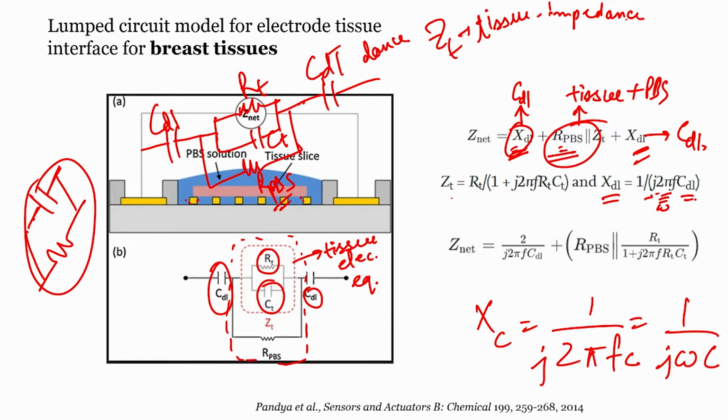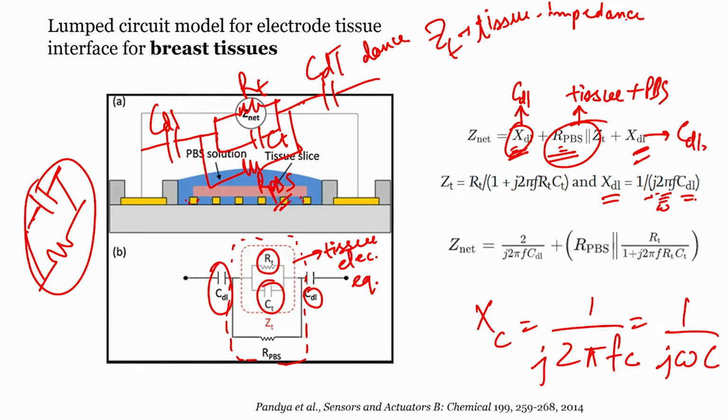Now ZT. ZT is the overall impedance of the tissue by itself. It is not in contact with the electrode. That's why I am just trying to make things clear in terms of electrode tissue interface impedance and tissue impedance alone. There are two things.